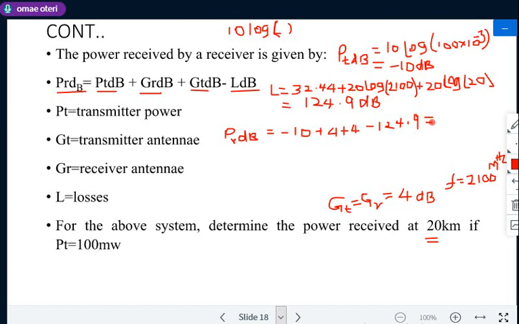So effectively that value will be given by 126.9 decibels.